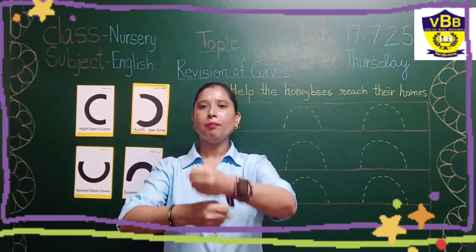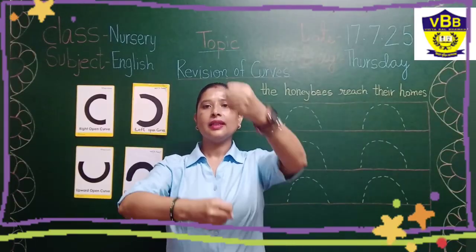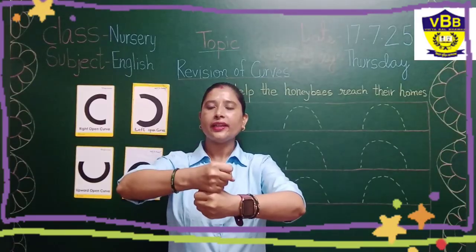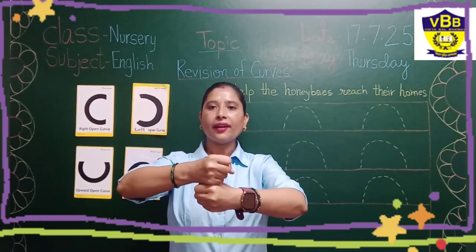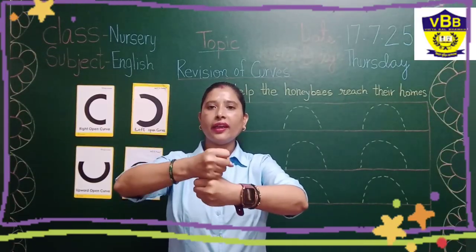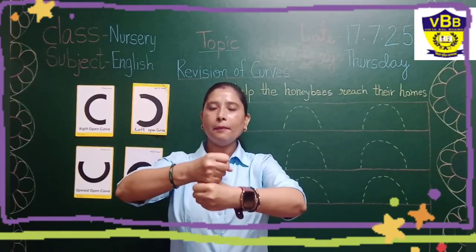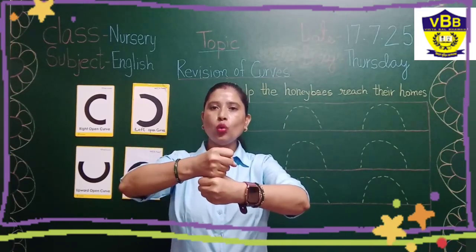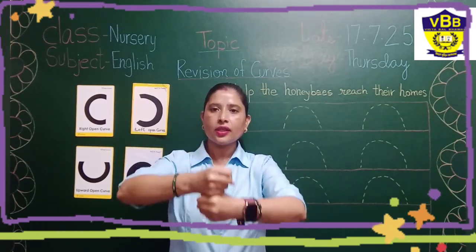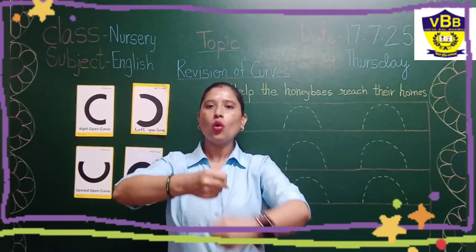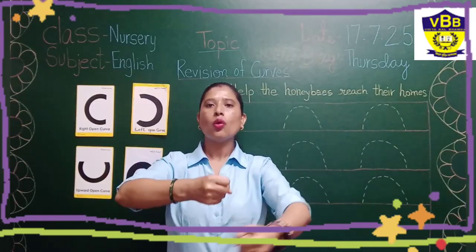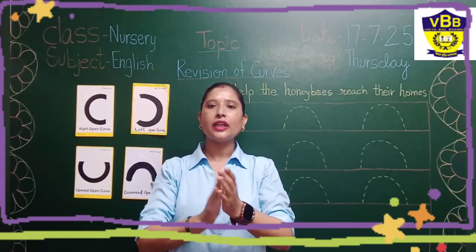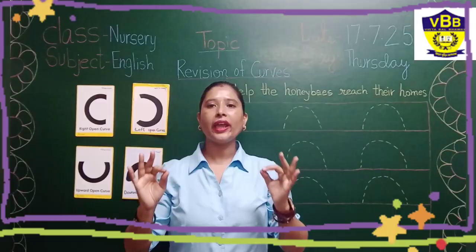A, B, C, D, E, F, G, H, I, J, K, L, M, N, O, P, Q, R, S, T, U, V, W, X, Y, Z. Well done, my little tiny toes. You all did a great job.